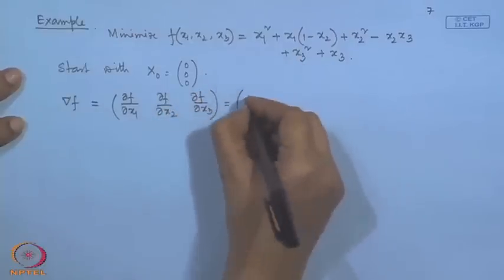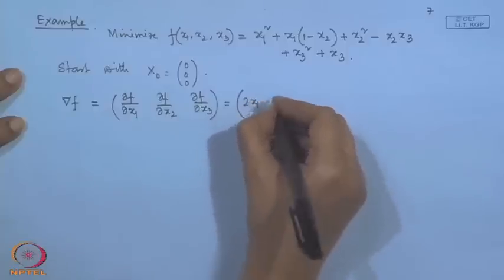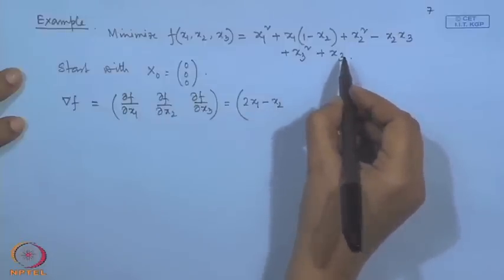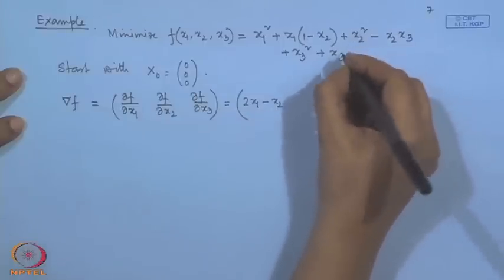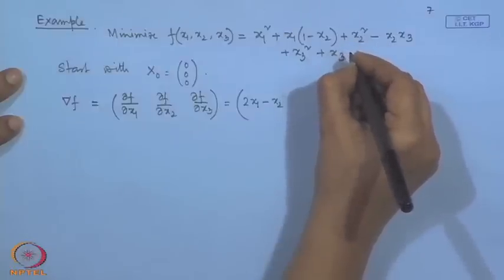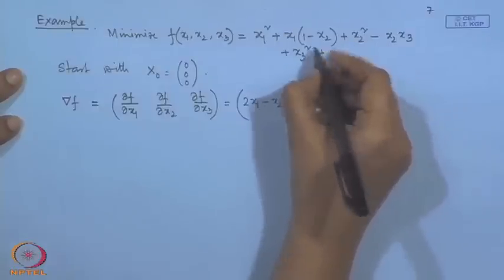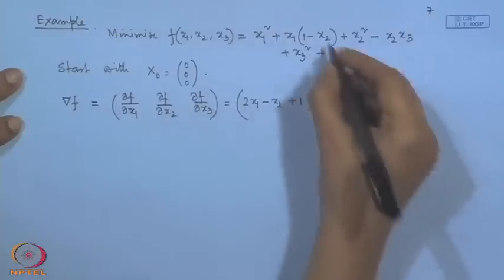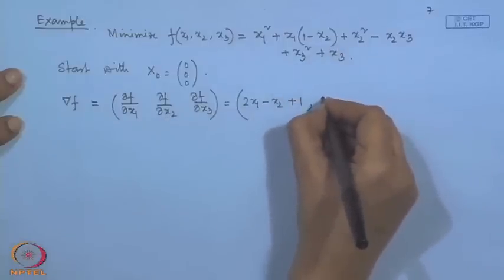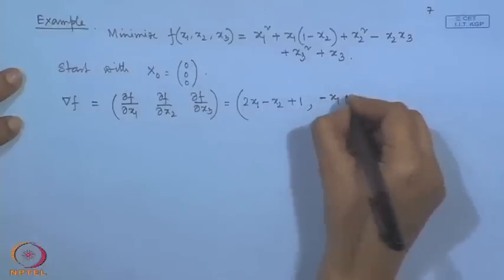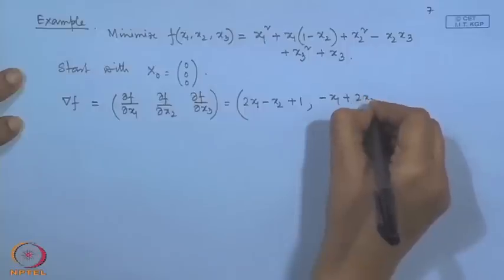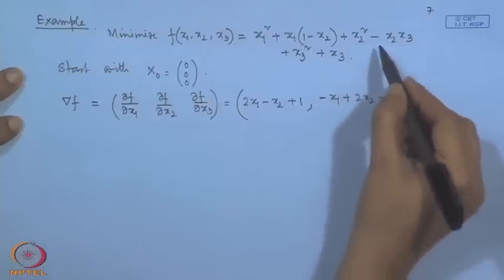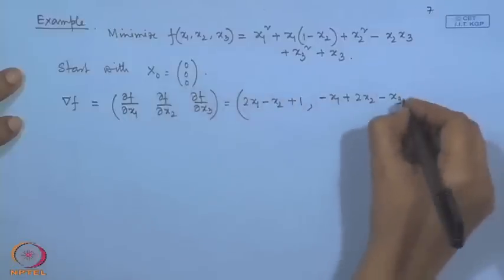Del f by del x1 would be 2 x1 minus x2 plus 1, and del f by del x2 would be minus x1 plus 2 x2 minus x3, partially differentiating f with respect to x2.